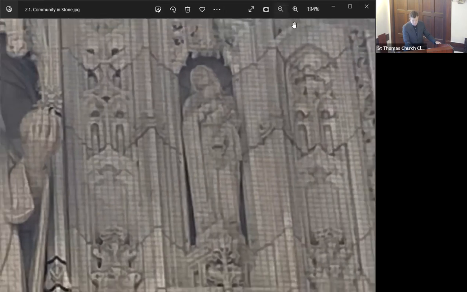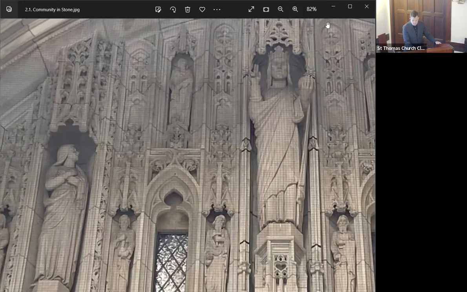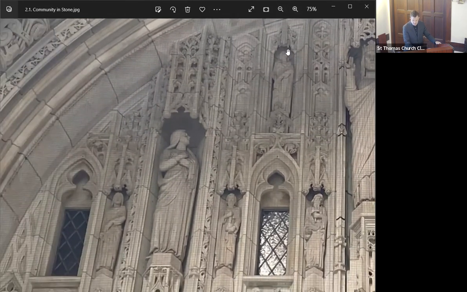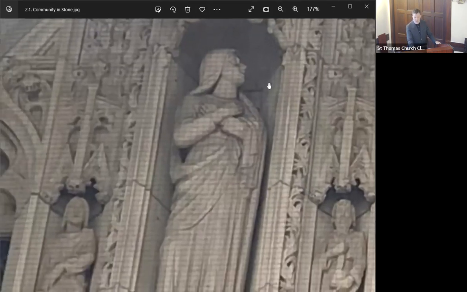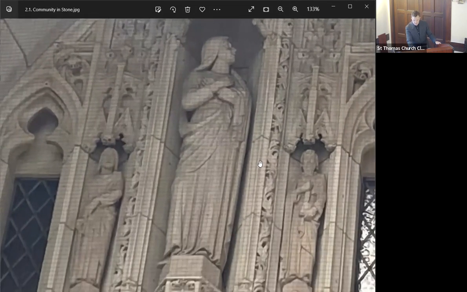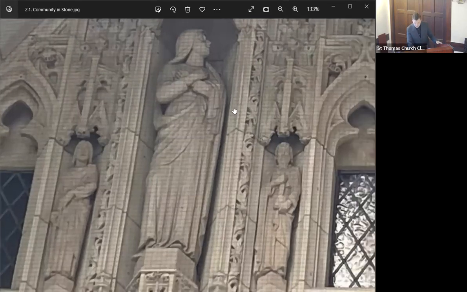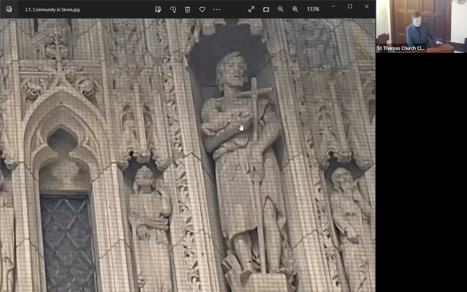But it's really hard to see these folks because they're so small. Oh wait, I'm sorry. Here is Mary. My mistake. There is Mary holding her heart as if it was pierced, looking up at her Lord. This happens the same in most groups. Jesus is looked upon by Mary. And then on the other side, we have here John the Baptist.